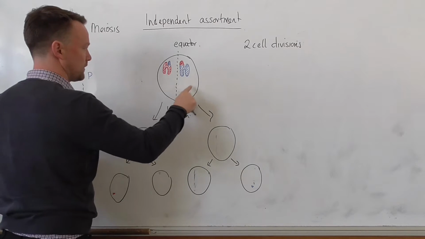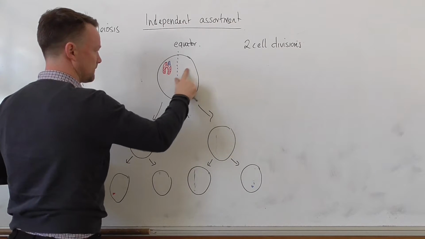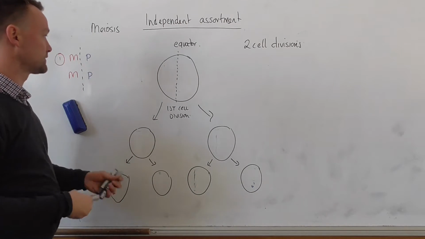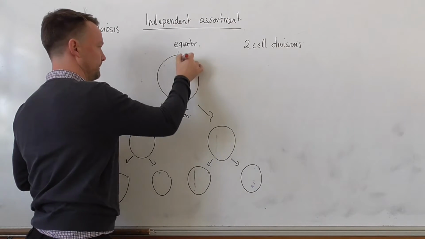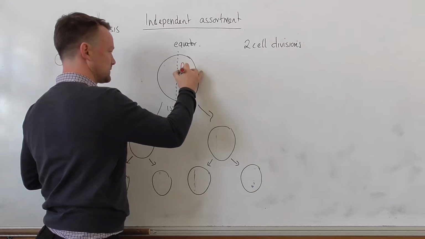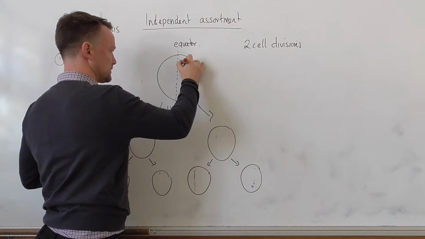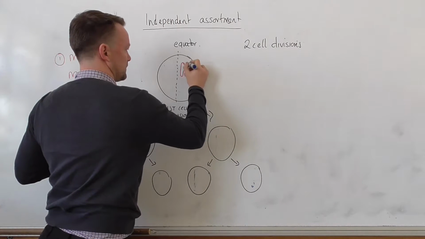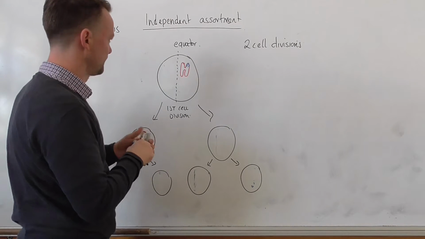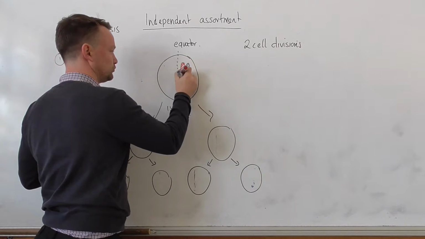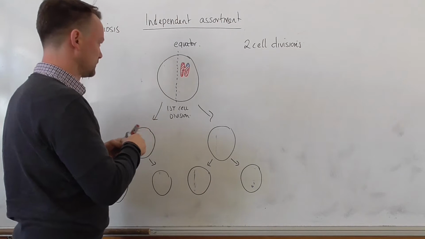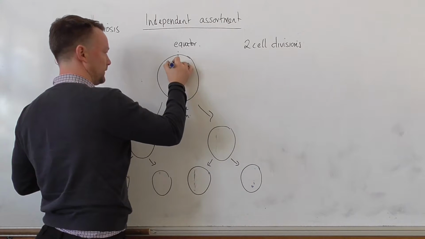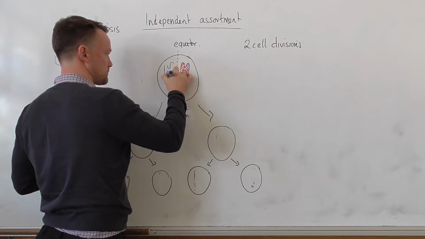That's the maternal ones on this side here. So crossing over has happened. This is what it looks like. It's this side that crossed over. And then this side here would be like that.